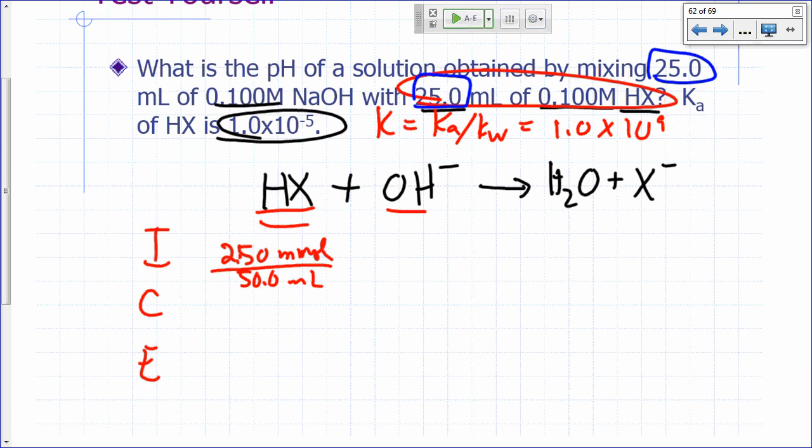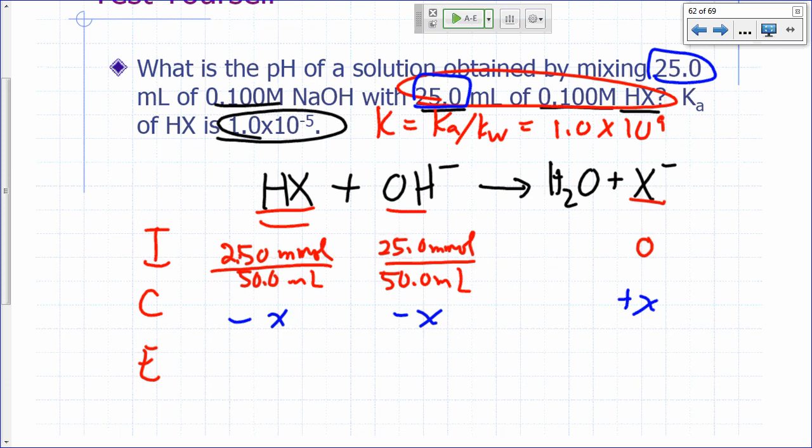What's my initial hydroxide concentration? Same thing, right? 2.50 millimole out of 50.0 mL. What's my initial X minus? 0, right? What would be my changes? Minus x, plus x, correct? But what's my x going to be? I know it's going to be a complete reaction, right?